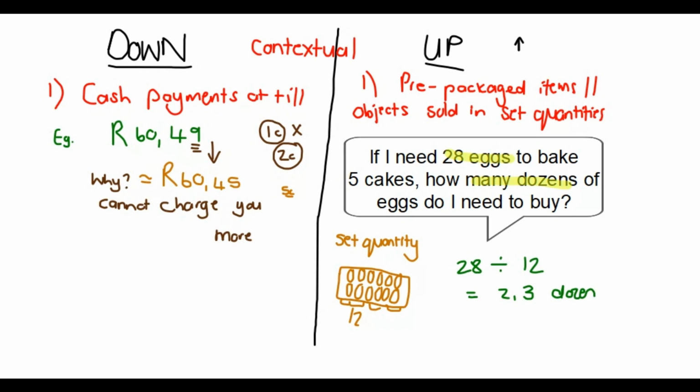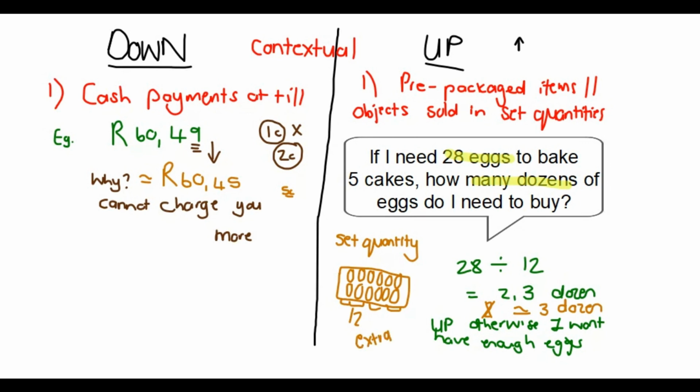However, we need to round up, otherwise I won't have enough eggs. So I can't round down to 2 dozen. I need to round up to 3 dozen to ensure that I have enough. Yes, I will have some extra eggs, but it's okay. At least I have enough.